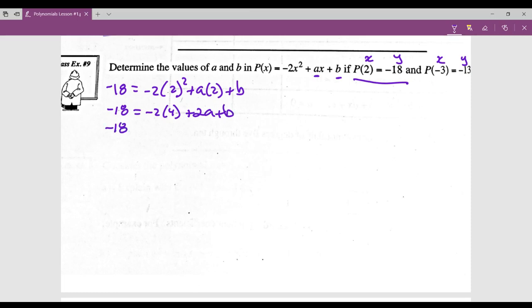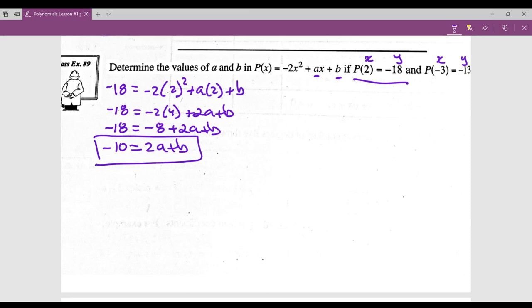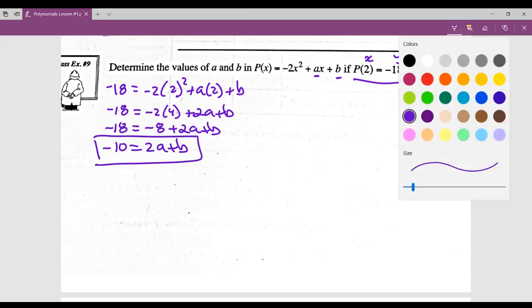So negative 18 is equal to negative 8 plus 2a plus b. Move the 8 over, and I get negative 10 is equal to 2a plus b. Can't go any further than that on that equation.